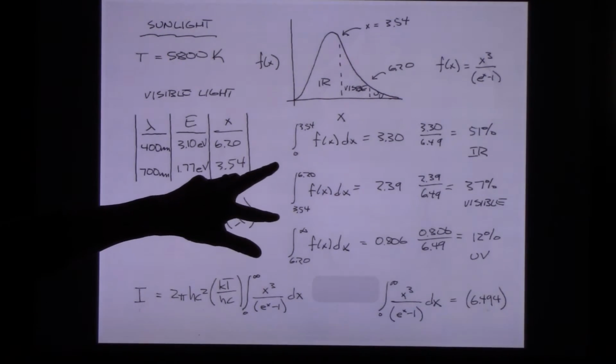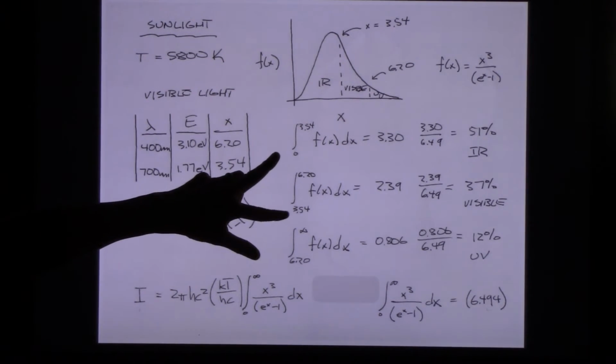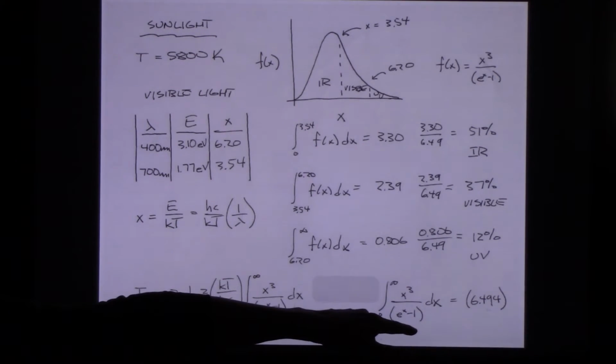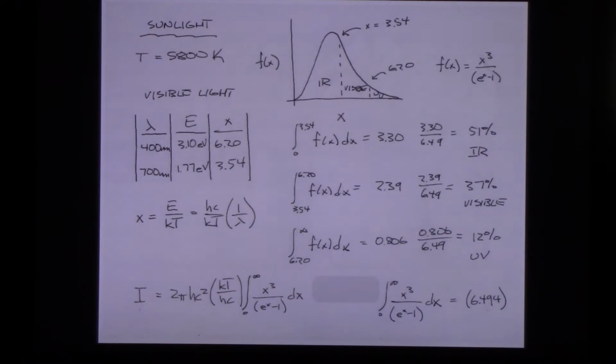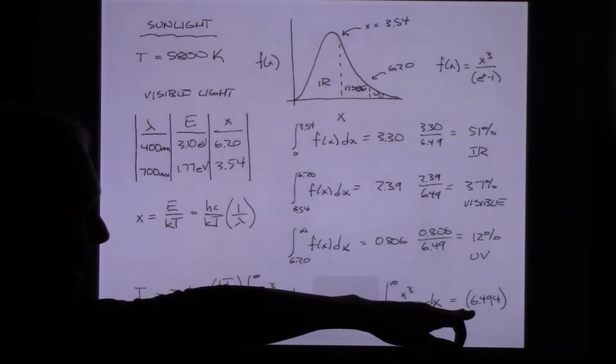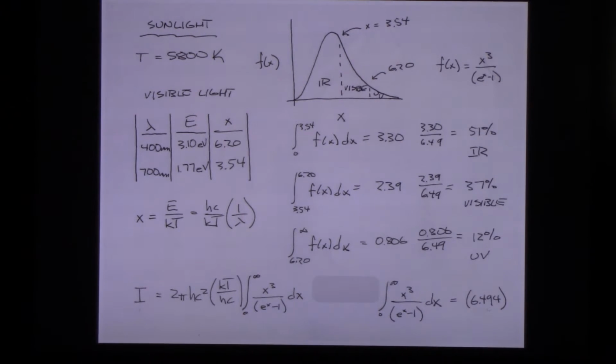The next part that I looked at was the visible part. When I say I integrated between these, I programmed that function in my calculator, I told it the limits of integration, and my calculator responded. So my calculator carefully integrated this, 2.39. Now that's a fraction of this total number, and it's 37% of that.